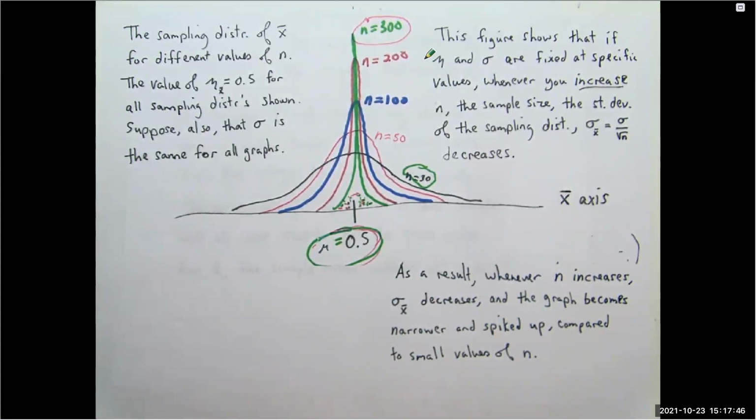The figure shows that if mu and sigma are fixed at specific values, whenever you increase the value of n, the sample size, the standard deviation of the sampling distribution will decrease. And as a result, whenever n increases, the graph will become narrower and more spiked up compared to small values of n.